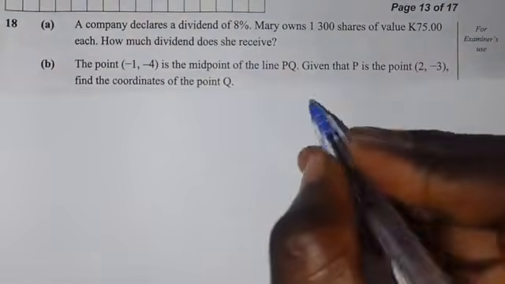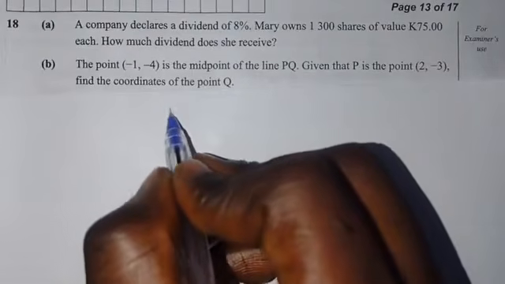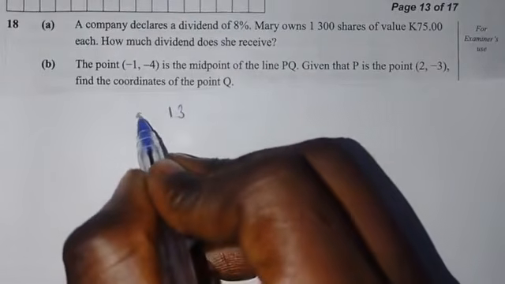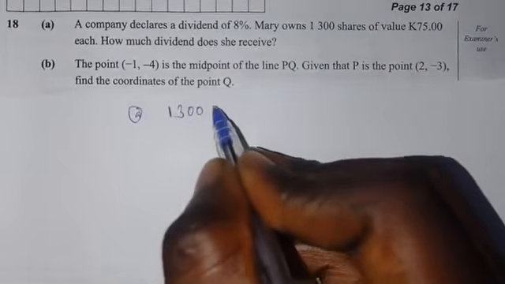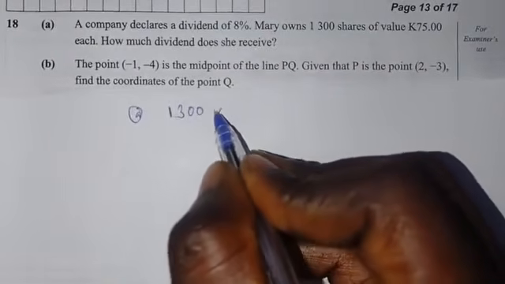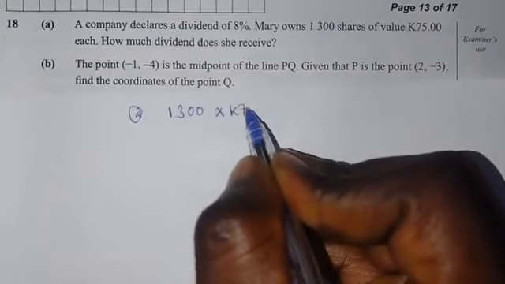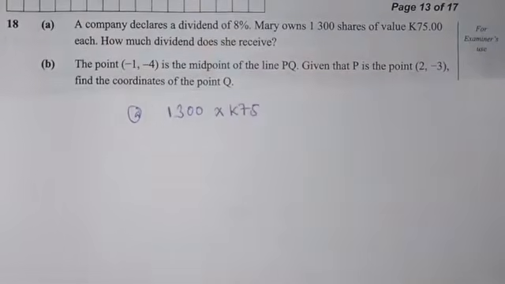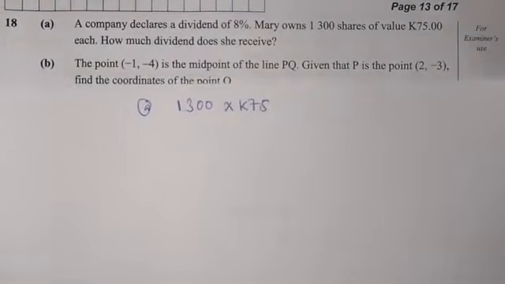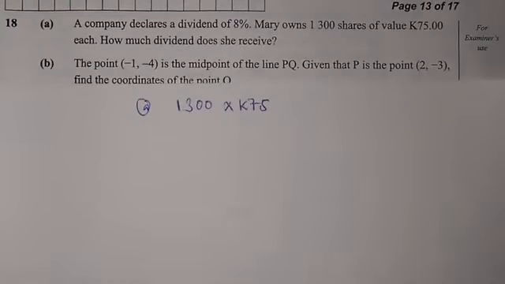So this is how you are going to answer it. This is our question A: 1,300 shares times the cost per share, which is 75 kwacha. You need to know how to multiply these figures nicely.